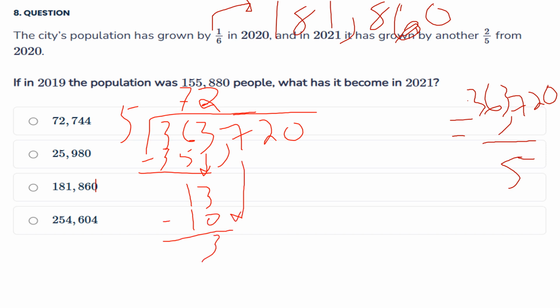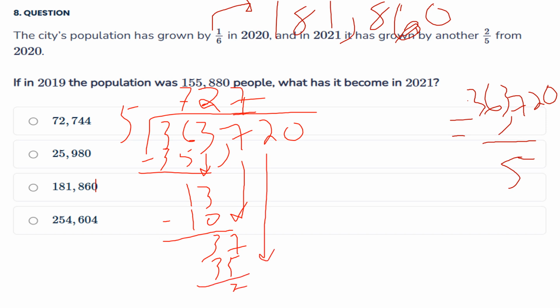Bring 7 down. 5 can go into 37 7 times. And 7 times 5 is 35. And I'm running out of space.